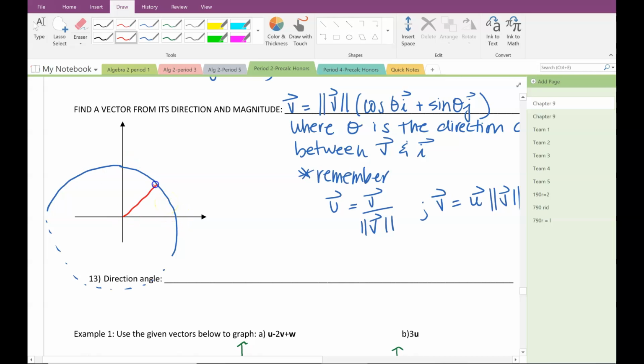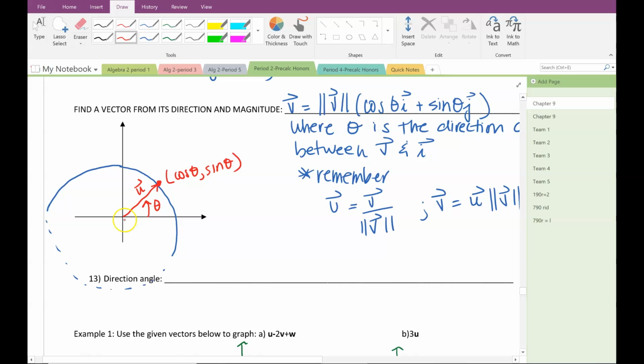And let's say that this is a unit vector because it's on the unit circle. We don't know this angle. Let's call it theta. Theta could be 30, it could be 60, whatever angle that we want to use. So this dot right here, class, is cosine of theta, sine of theta. So that's pretty much x comma y.